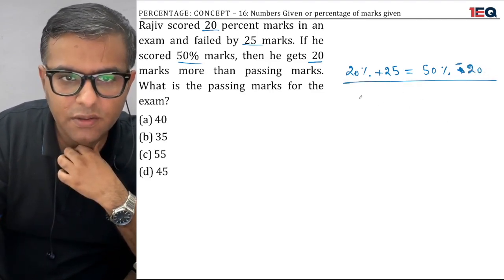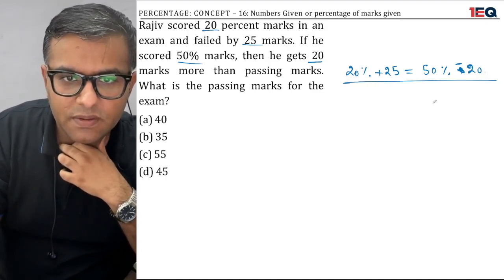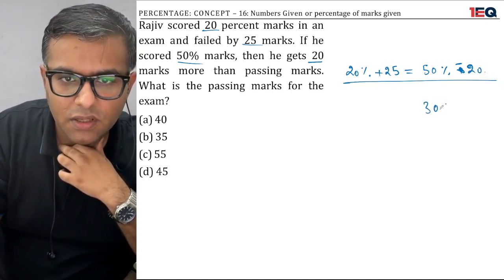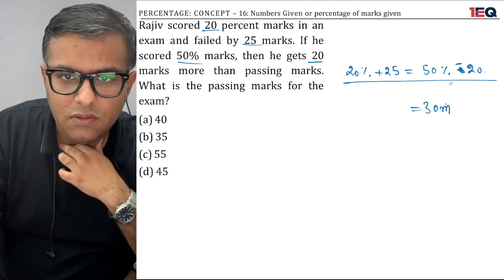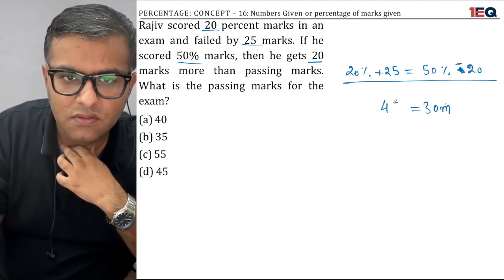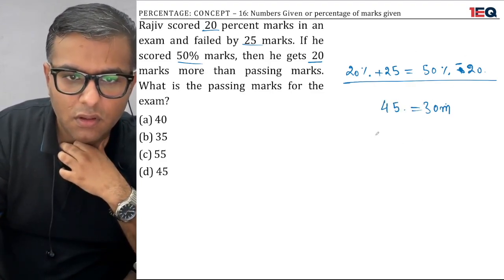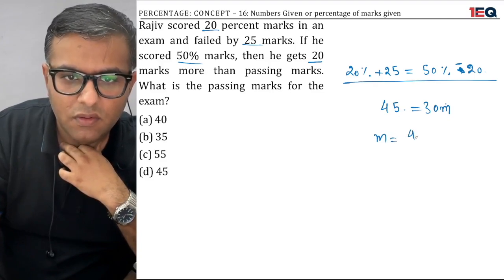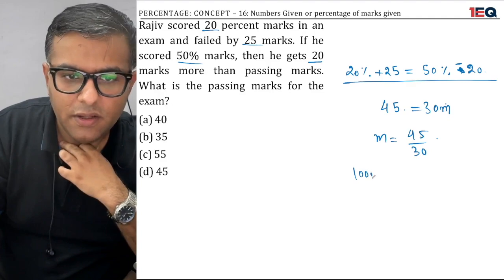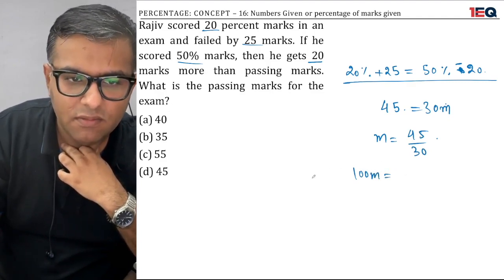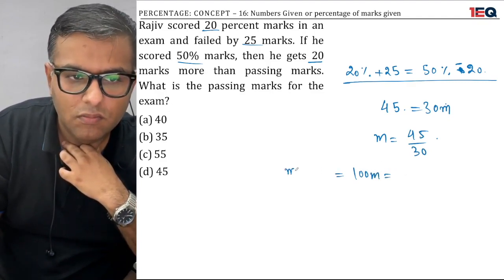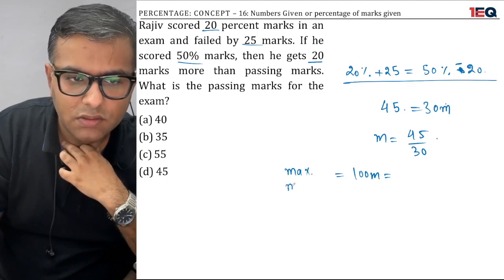This equation gives 30% of m is equal to 45. Now the value of m is 45 upon 30, and I need 100% m, which is the maximum marks.